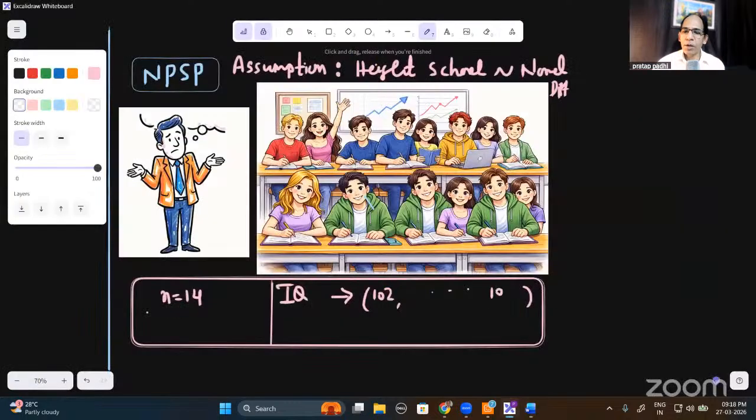All 14 students. This is before giving a class. Then I gave a class for 2 hours on different questions. I gave them practice questions. I prepared them. Then I checked the IQ once again. So now I want to see whether there is a difference or not. In this case, there is a dependency between this and this.